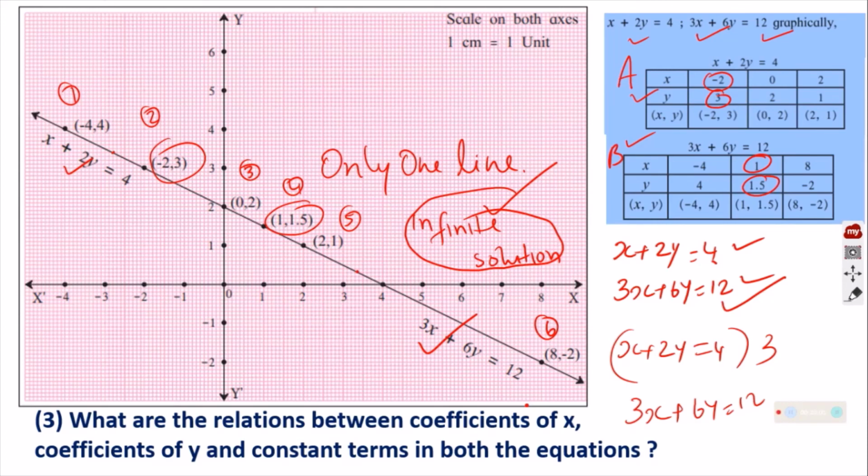Coefficient of x in the first case is 1, and coefficient of y is 2 here. In the second equation it is 3, and the relationship is this. First equation multiplied by 3 gives the second equation. If you multiply the first equation by 3, you get the second equation.